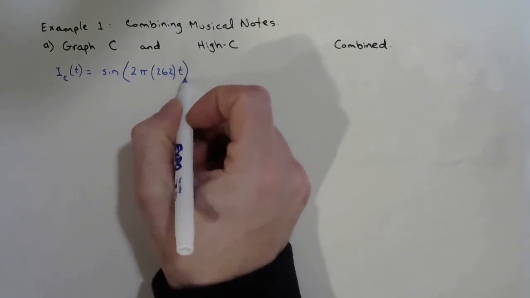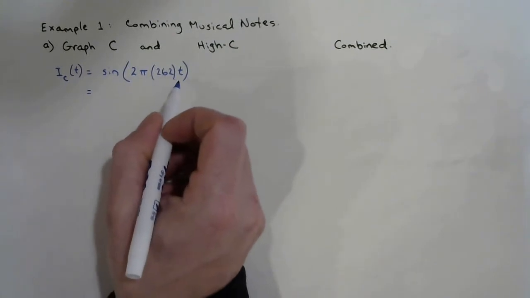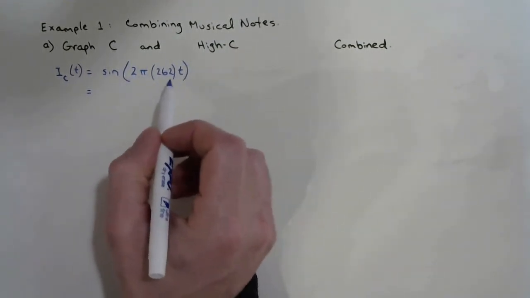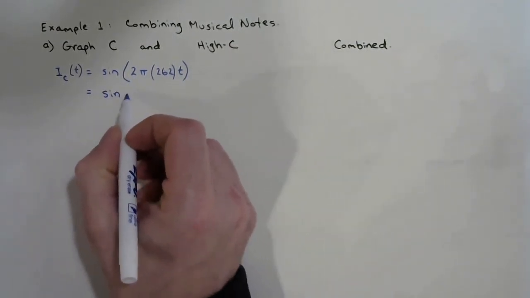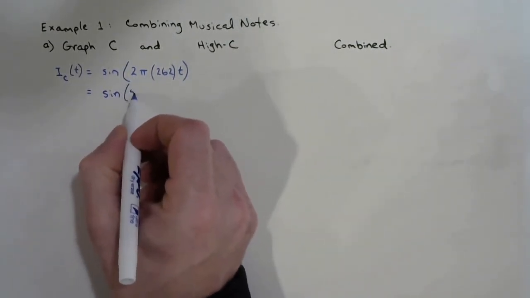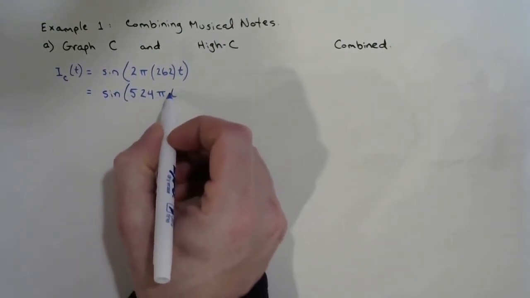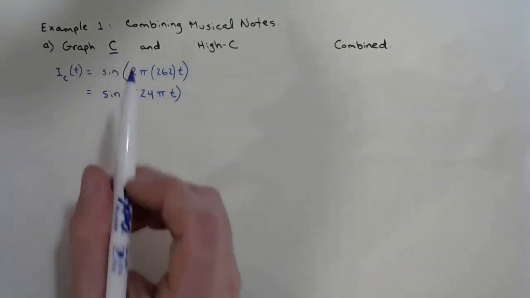And that still gets multiplied by t. And then I can simplify this in this bracket. This is the sine of this whole thing, but I have two numerical values here that I can put together. So we're going to do the sine of 524 pi t. Okay, that is the function for C.